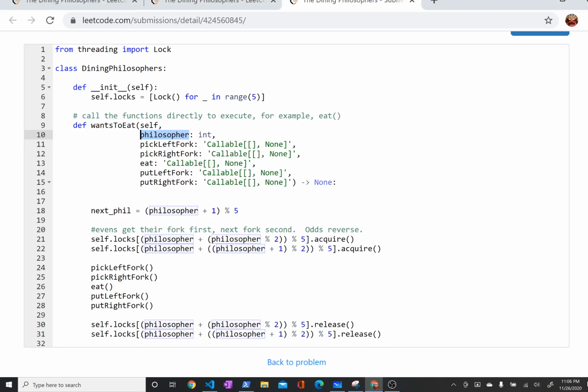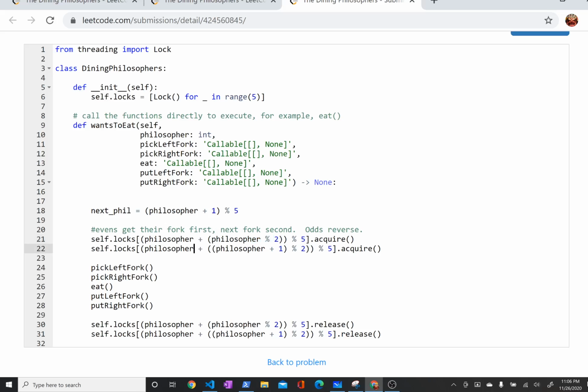The first thing we're going to do is try to lock up both forks. So we're going to use this little bit of math, which is just handling the evens and odds case. So we're going to add onto the philosopher's number 0 if it's even. Philosopher mod 2 will add 0 if it's even, and we'll add 1 if it's odd.